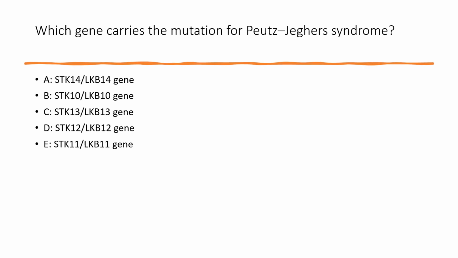Which gene carries the mutation for the Peutz-Jeghers syndrome? Is it A, STK14 LKB14 gene? Is it B, STK10 LKB10 gene? C, STK13 LKB13 gene?